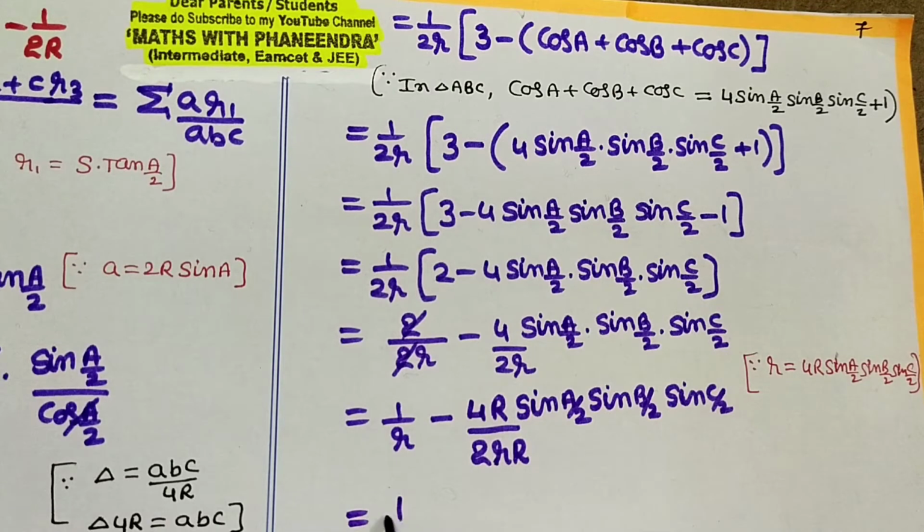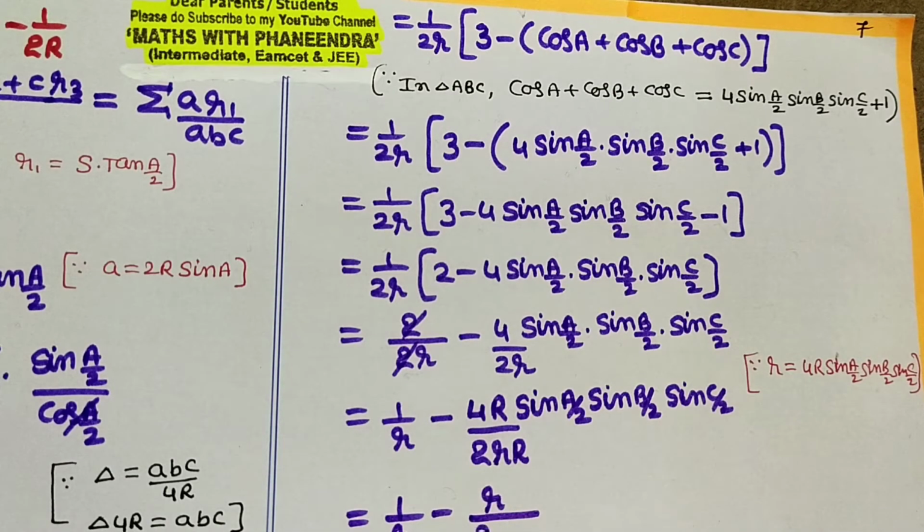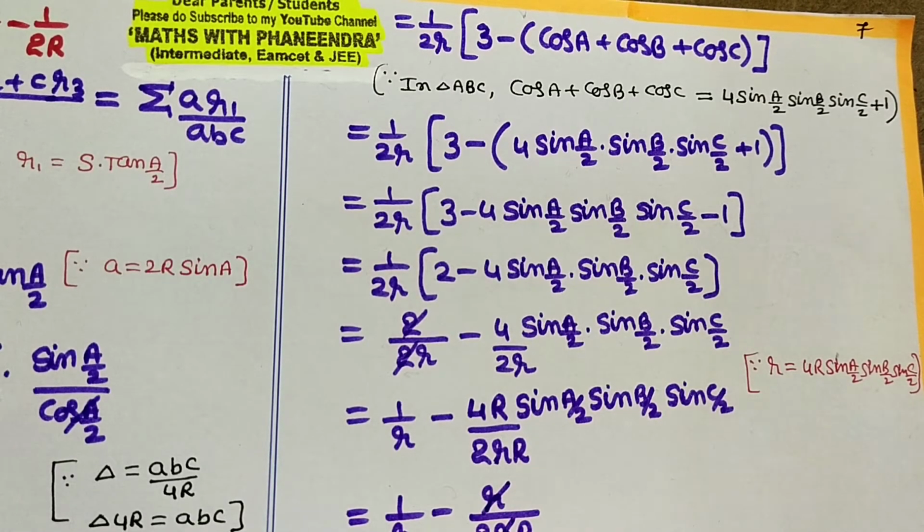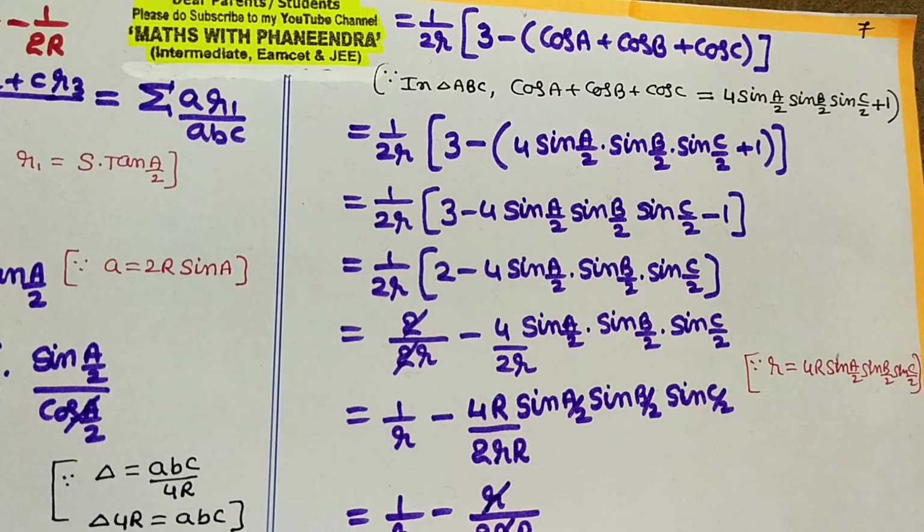So 1 by small r minus small r divided by 2 into small r into capital R. Now small r gets cancelled here, which is equal to 1 by r minus 1 by 2 into capital R. Hence the result.